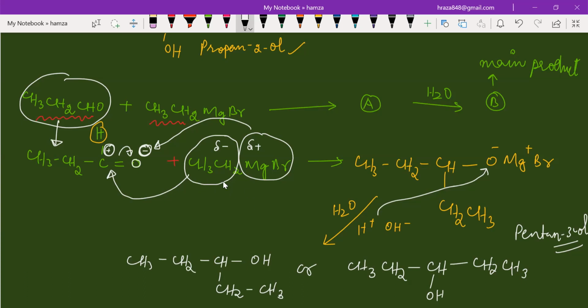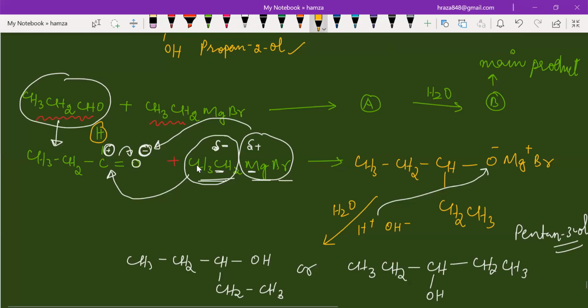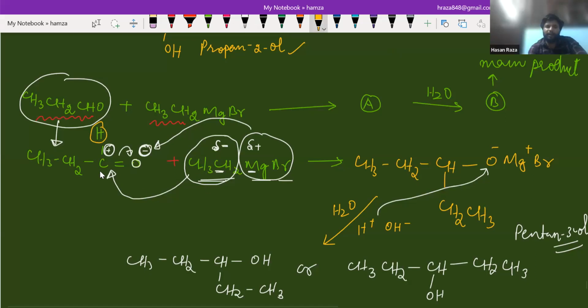Now this is CH3CH2MgBr. This carbon is bonded with magnesium, and carbon is more electronegative. That's why there will be delta negative on carbon and delta positive charge on magnesium. Are you getting my point? Yes, sir. Now you know the nature of charge: negative is attracted by positive, positive attracted by negative.